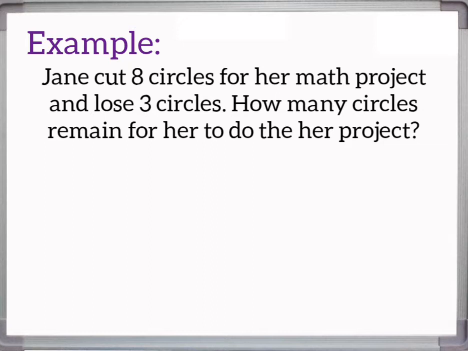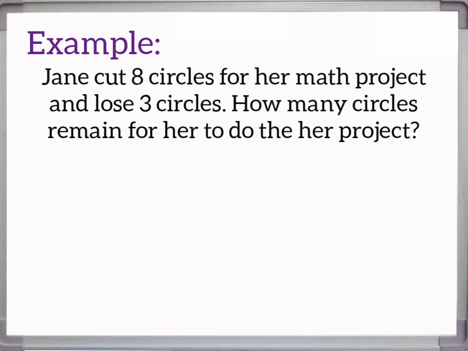Yes, it belongs to the subtraction list. So when we see the term remain, that means that we are going to subtract, to take away or to minus. And we can write a number sentence to find our answer.